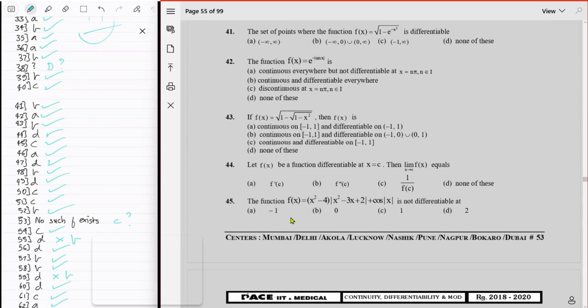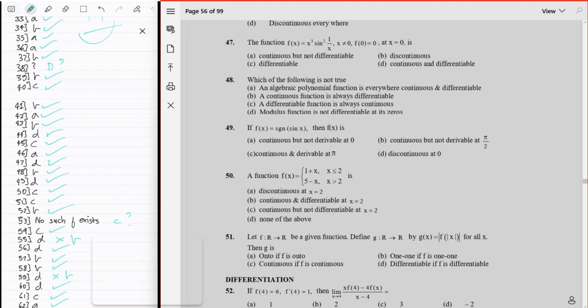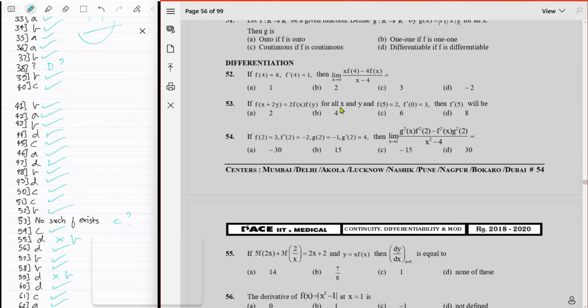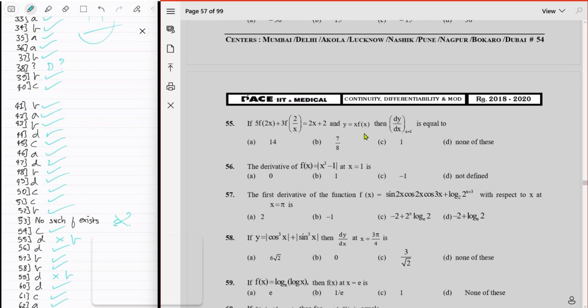So the first question that went wrong is 53. Okay, we already knew there was no such f, and that's why I'm going to say their answer is wrong. Okay, 55. So it's B, not D. Once again, I don't know how they got 7 upon 8. Like, what went wrong exactly?